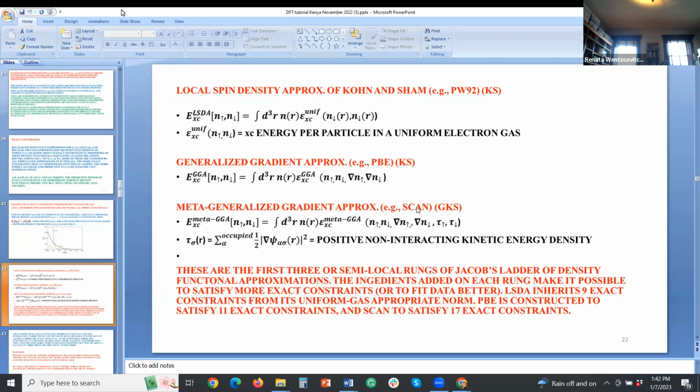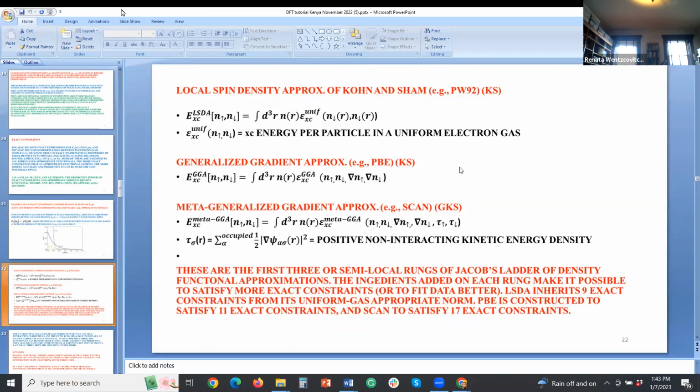And that is chosen to bring some inhomogeneity effects into the functional to make it correct away from the uniform density limit to some extent. An example of a generalized gradient approximation that's constructed non-empirically is the Perdew-Burke-Ernzerhof GGA.